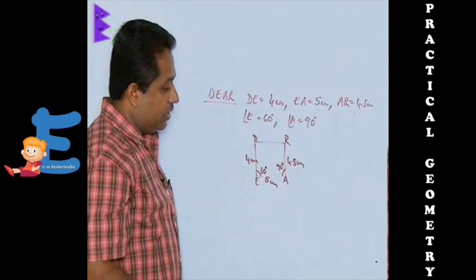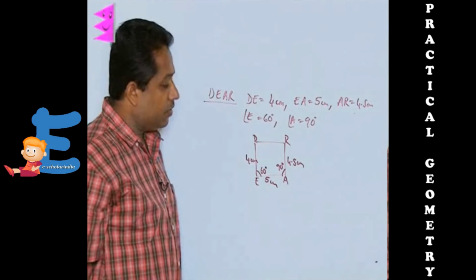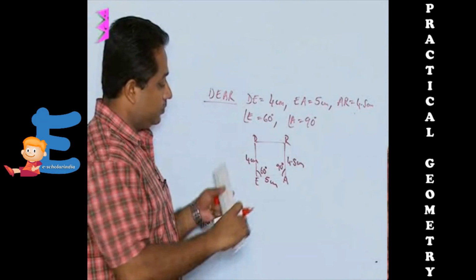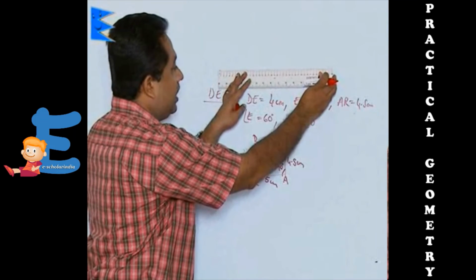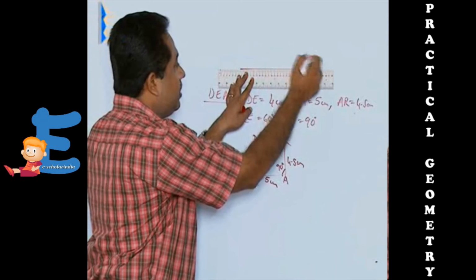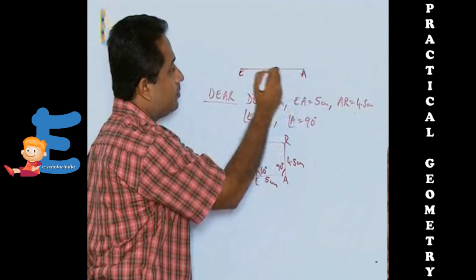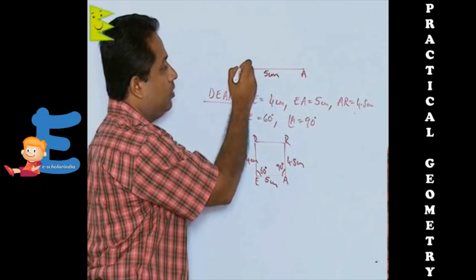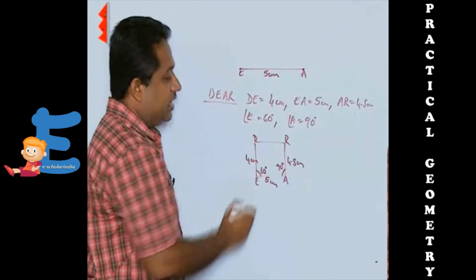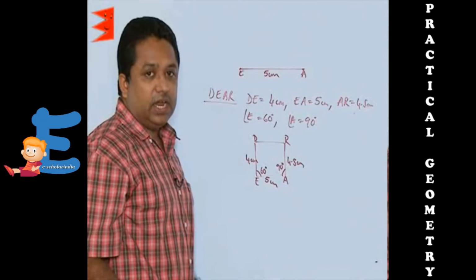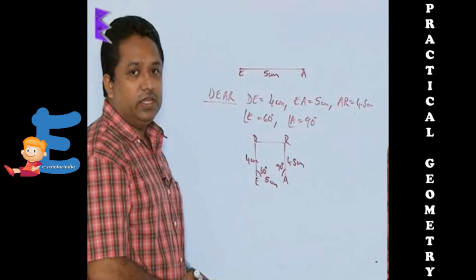We will start by drawing the base EA. The length of the base is given 5 centimeter. So with the help of a scale, measure 5 centimeter and draw a line. That will be 5 centimeter. Now the angles given are 60 and 90. Both 60 and 90 are multiples of 15 degrees.